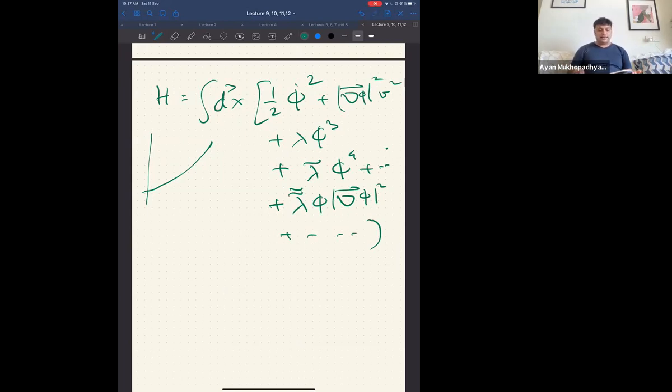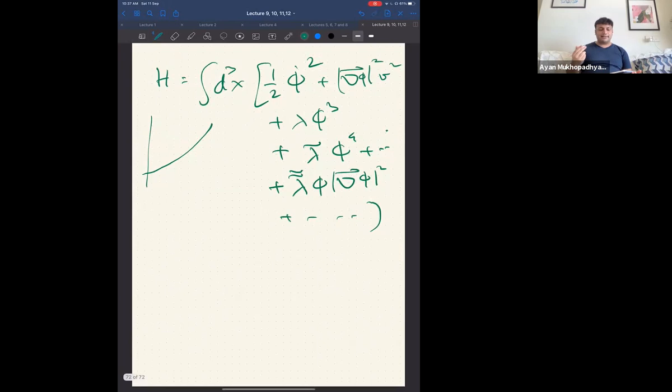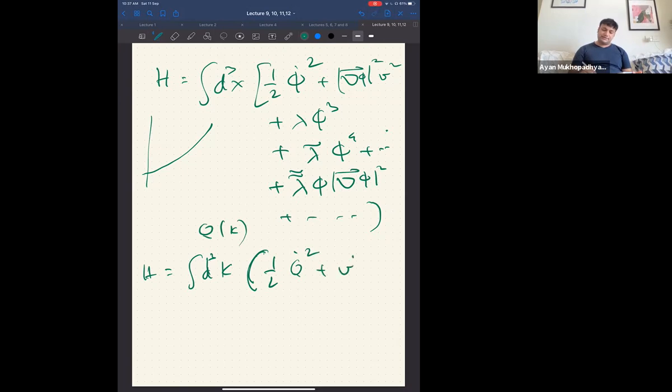So now the idea is as follows. Let's go back and think in terms of the original things. The first two terms I would be able to write in terms of k, integral d cube k, and now I call it q dot squared. Q is a function of k, right? Q dot squared plus v squared mod k squared q squared, right? That will be the first two terms.